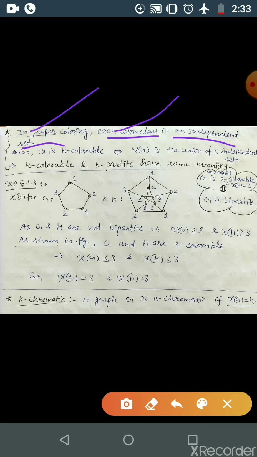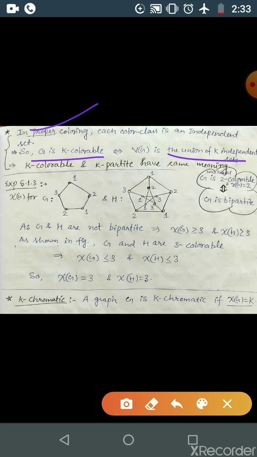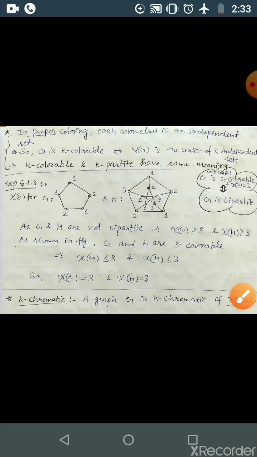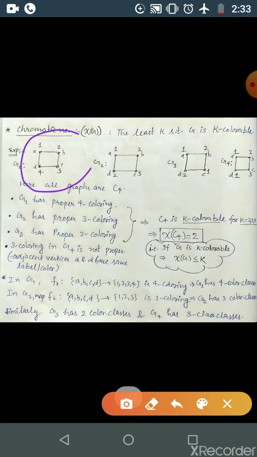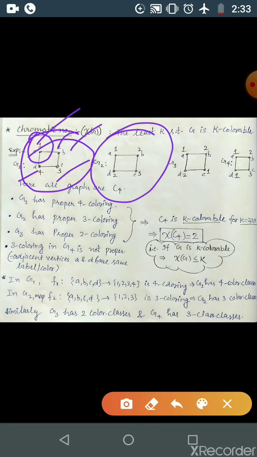Okay, so if in proper coloring G is k colorable, then V(G) is a union of k independent sets. Here it is 4 colorable, here it is 3 colorable. So V(G) is a union of 4 independent sets here, if you take each vertex in its own set, correct?